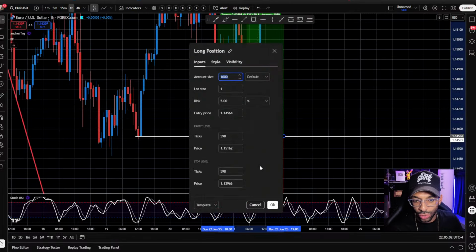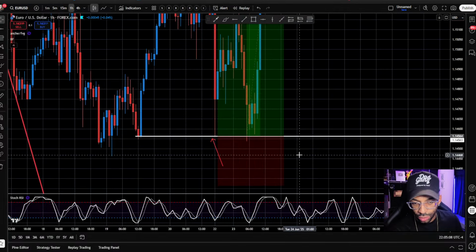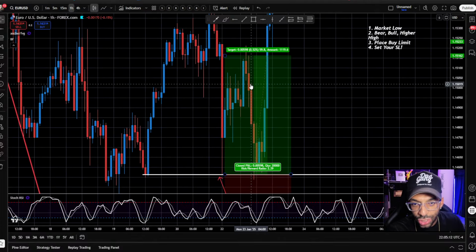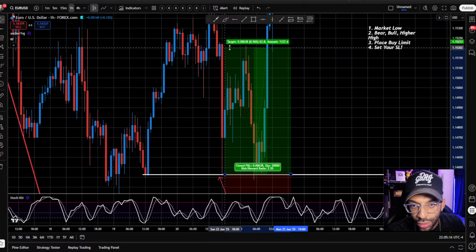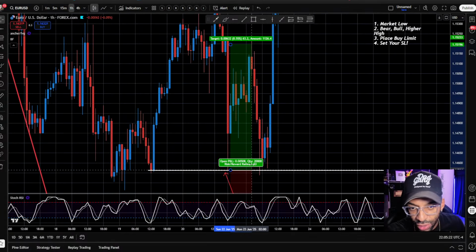Again, both of these have no drawdown. So let's go ahead and put our stop loss at 25 pips, no drawdown. We don't got to worry about it, right? And as you guys can see, this one moved the full duration. A 1 to 2.5, right? So that was a 1 to 2.5.